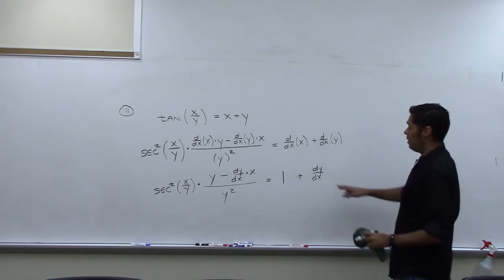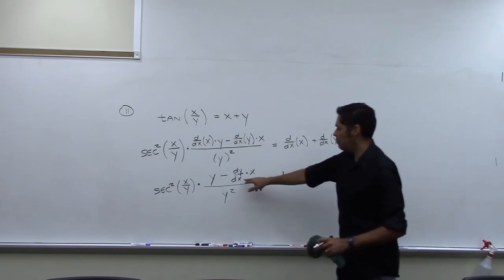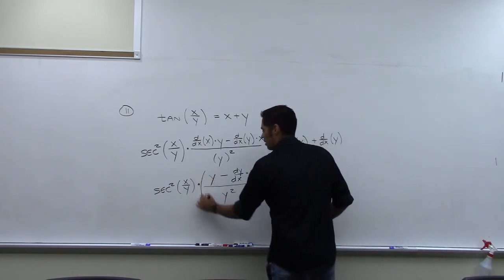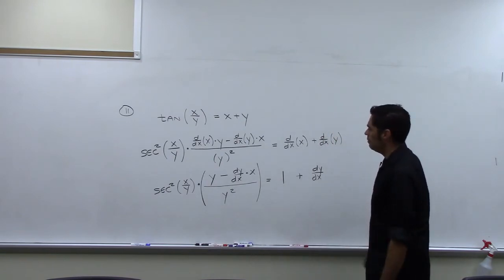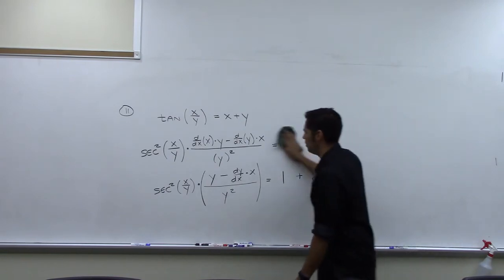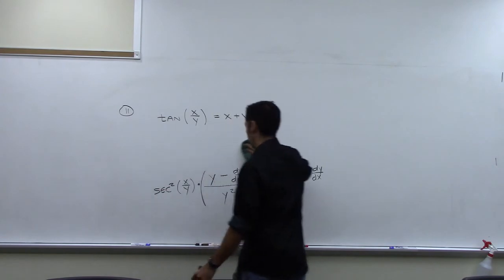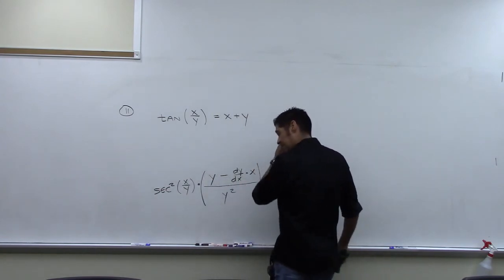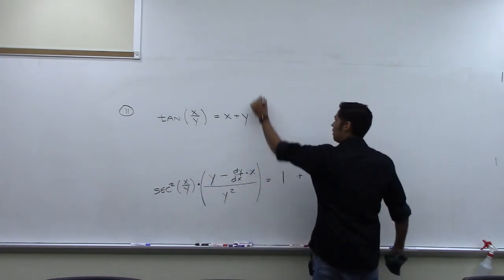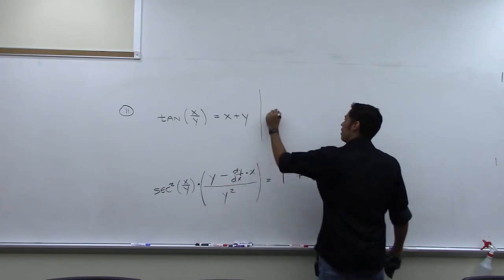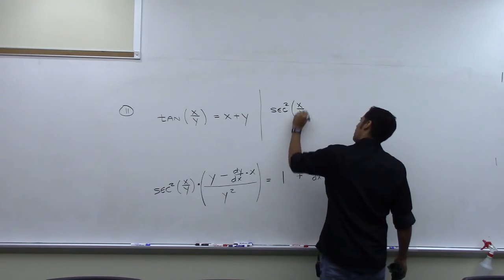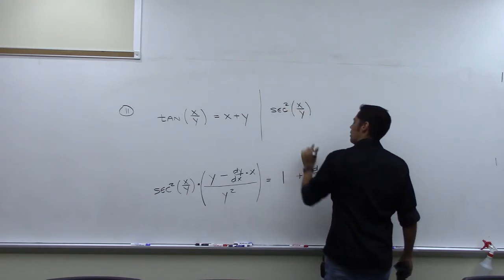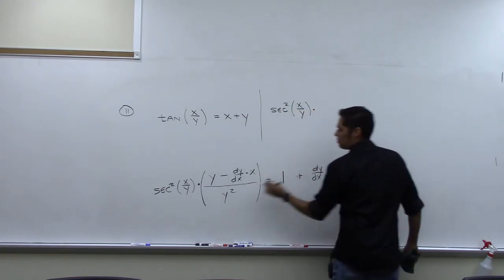All right, so here we need to isolate this, but there's another one in there. Remember, this secant is being multiplied through here. So I think what I'll do is distribute. Well, let me rewrite this part first. We've got secant squared x over y times, now I can split this into two terms.